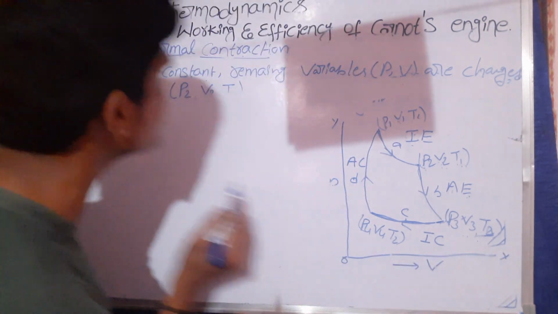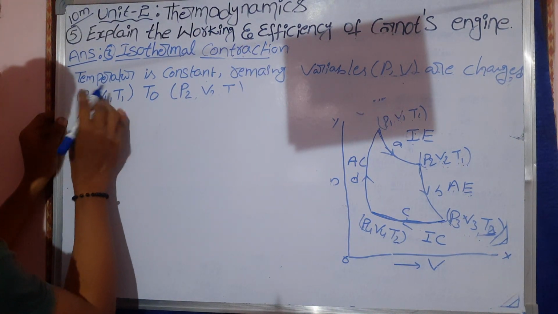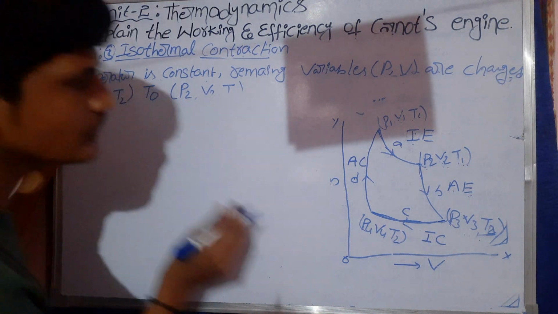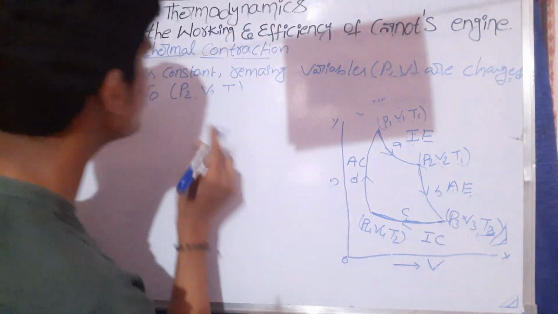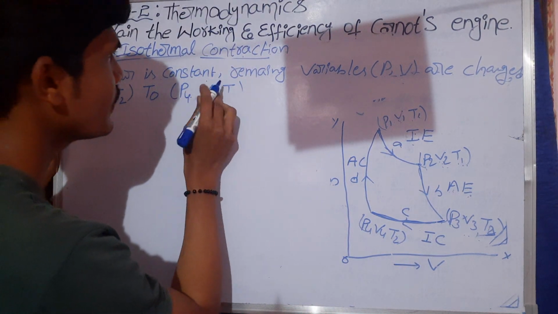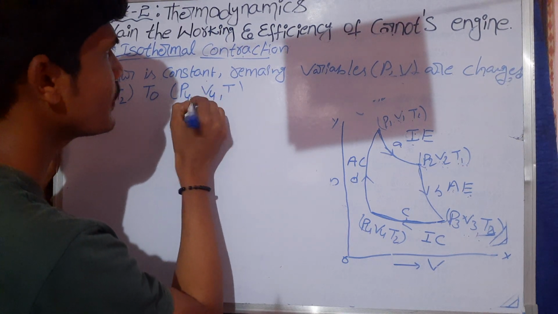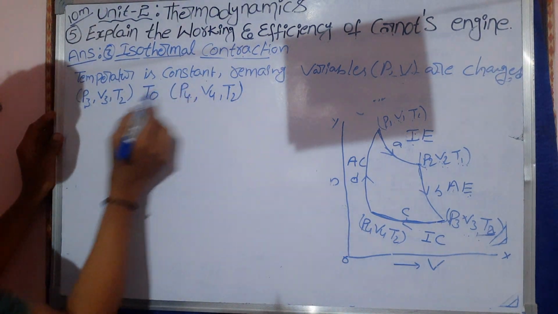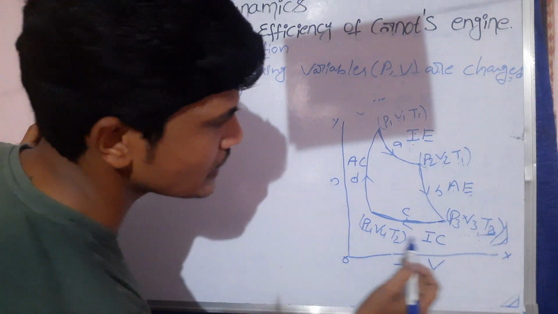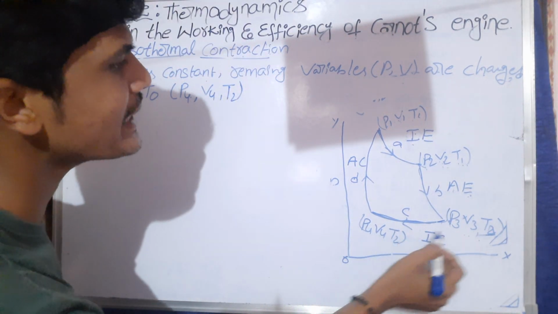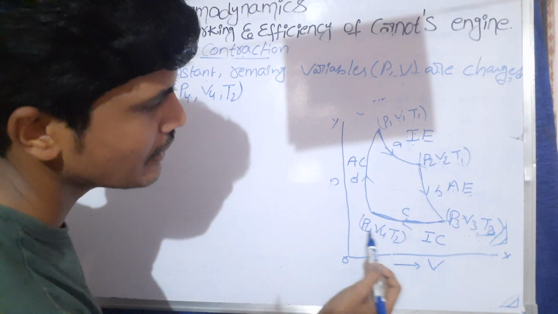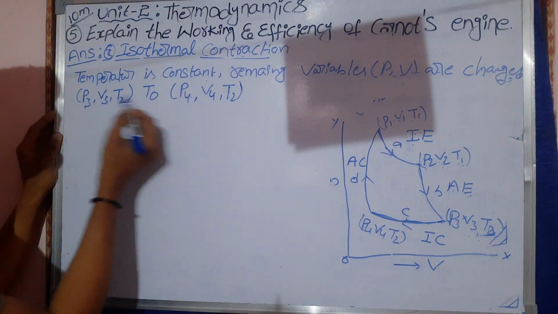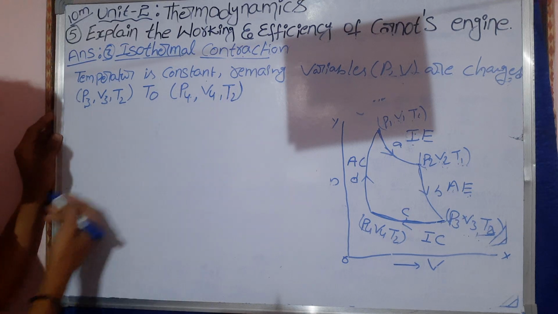The state changes from P3, V3, T2 to P4, V4, T2. Temperature is constant, and P3 to P4 and V3 to V4 are changed.